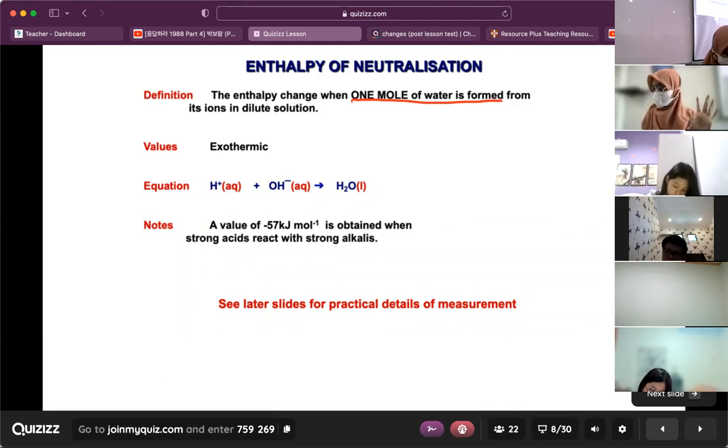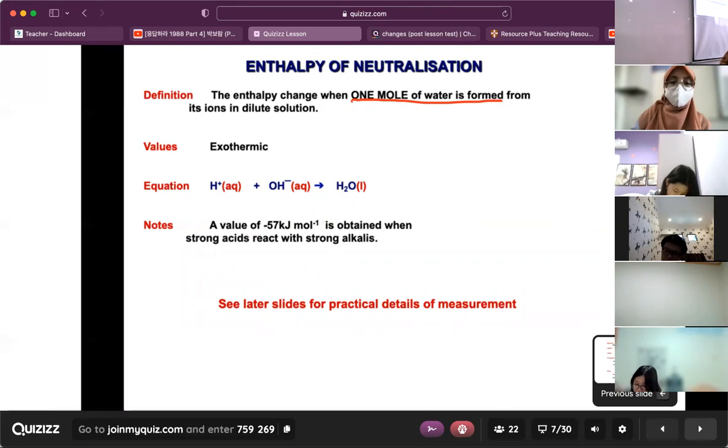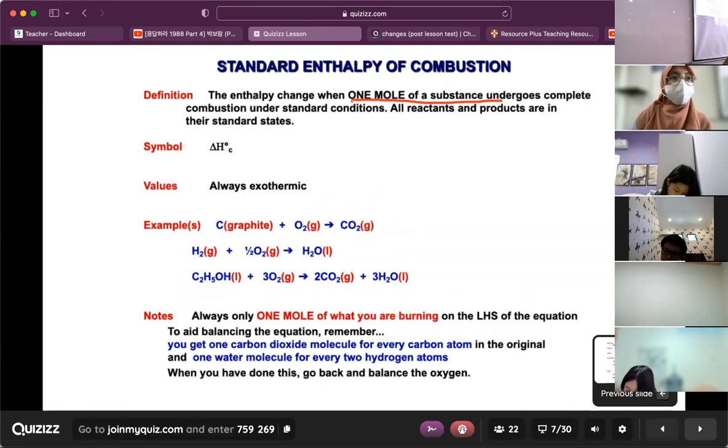Before I forget, let's go back to the previous one. Enthalpy change of combustion is always exothermic, meaning that the value is always negative. When you calculate enthalpy change of combustion and you get a positive value, you have to recalculate. It's impossible that when you burn something, you don't feel any heat.